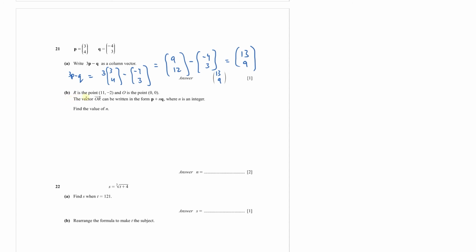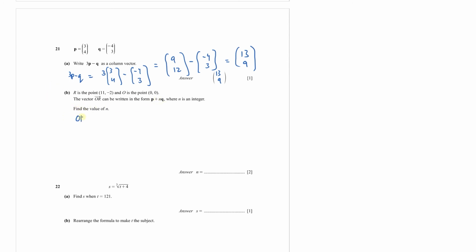Part B: R is the point 11, minus 2 and O is the point 0, 0. The vector OR can be written in the form p plus nq where n is an integer. Find the value of n. So we can find OR because we are given the points O as well as R, and then we can equate it to this form, which is p plus nq, and find the value of n.